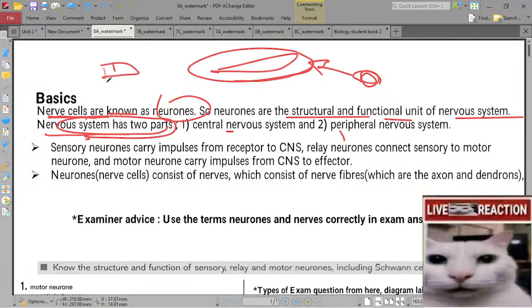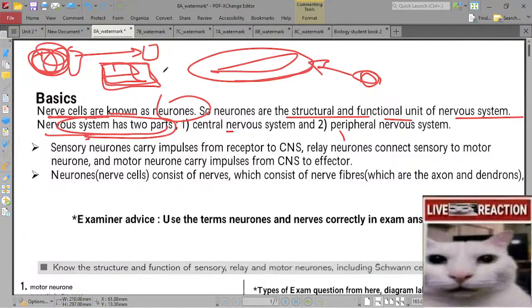Neurons are the building blocks or the units of the nervous system. The nervous system has two parts: the peripheral and the central nervous system. We already know that when we have a sensory organ or a receptor organ, then we're going to have sensory neurons, which carry the impulse generated by the receptor to the CNS.